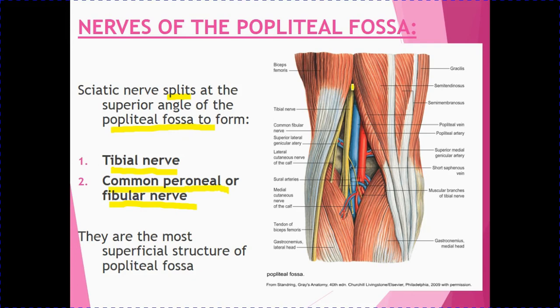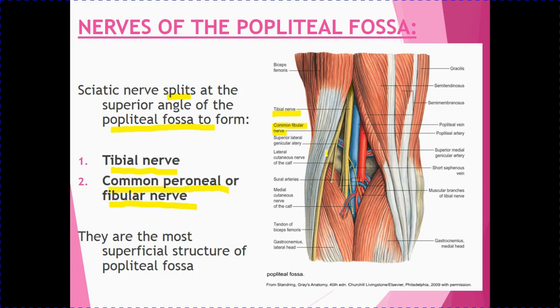You see, this is the sciatic nerve dividing at the apex of the popliteal fossa into the tibial nerve and the common fibular nerve. These are the most superficial structures present in the popliteal fossa.